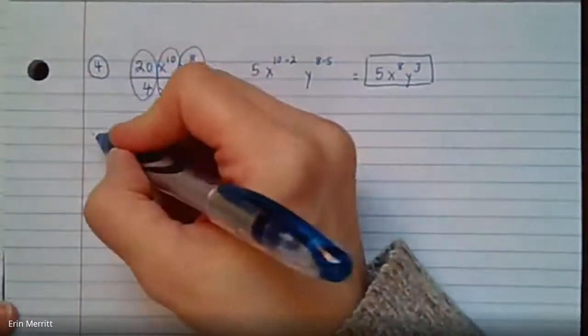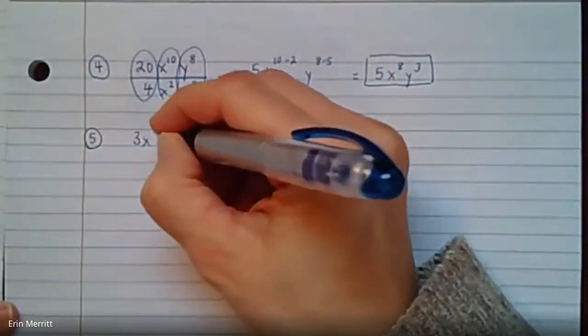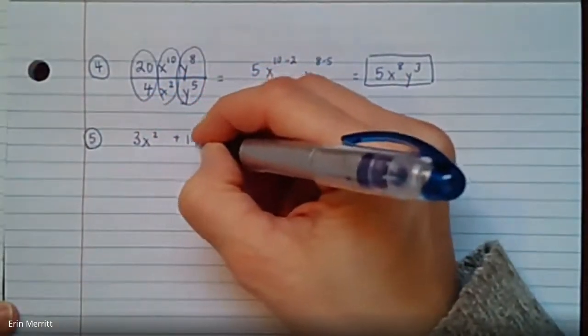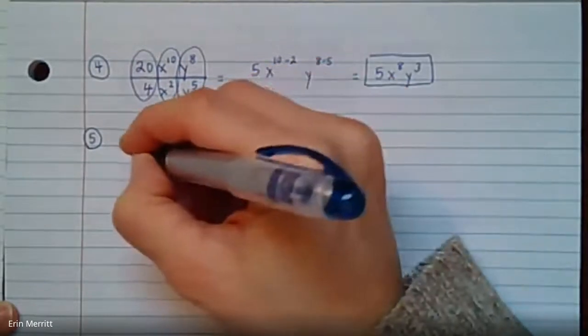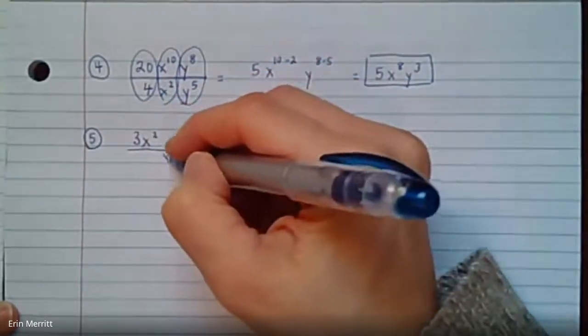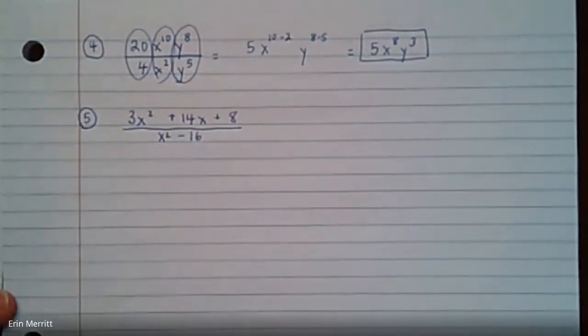All right. Let's go back to challenging some of those factoring skills. We've got 3x squared plus 14x plus 8 all over x squared minus 16. All right, I'm not trying to trick you. Everything here should be able to be factored.